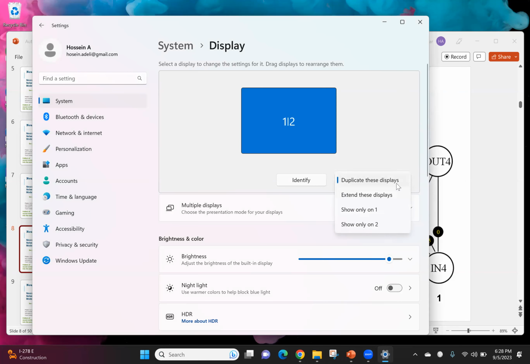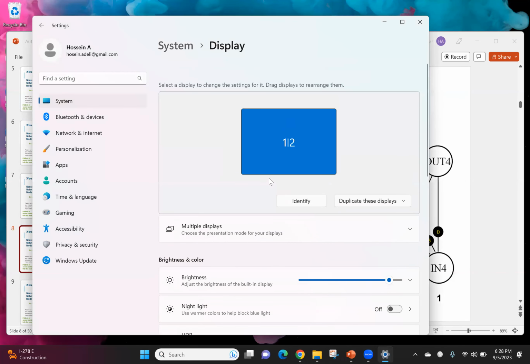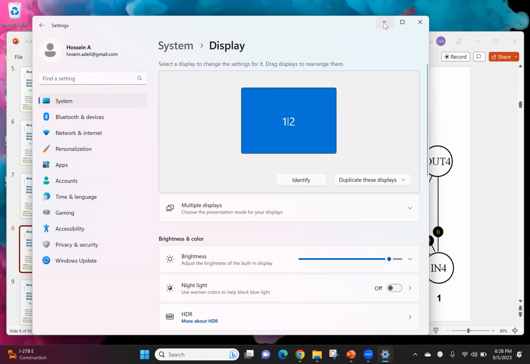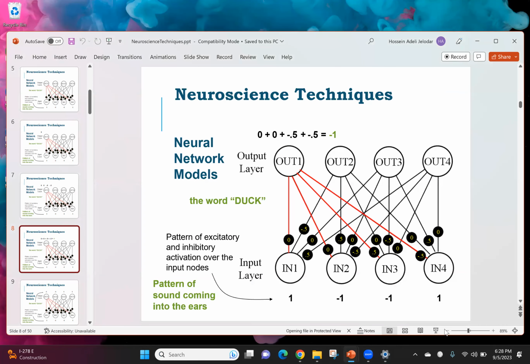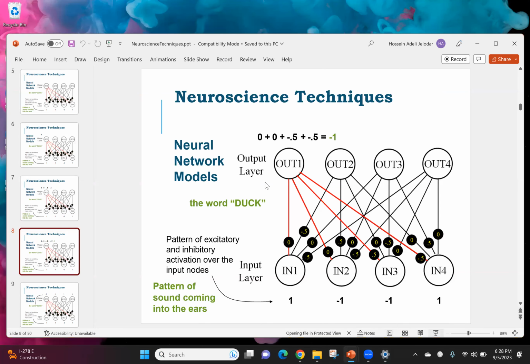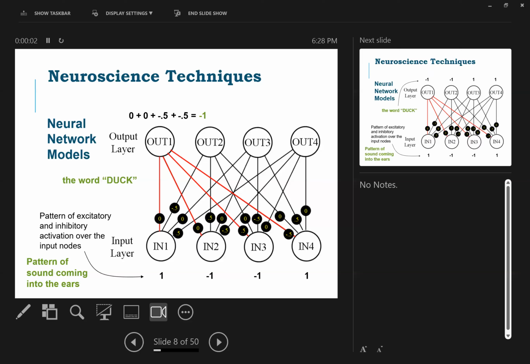I mean, I see your mouse now if you don't want to make it completely full screen. Yeah, I'd rather make it full screen, but it says duplicate. Oh no, I just moved it over. Don't worry about it. It's okay. I'll make it work.